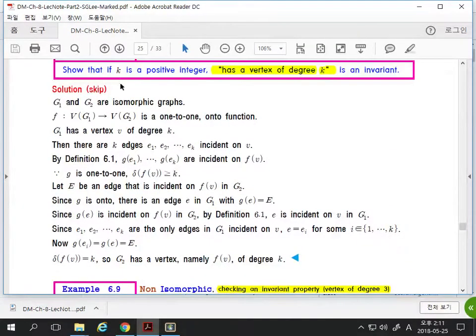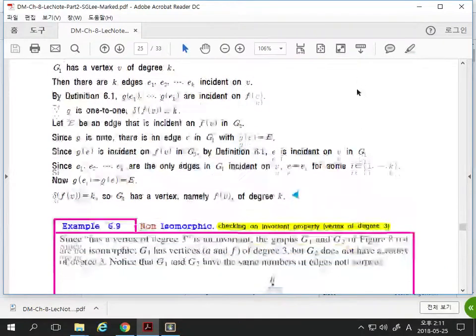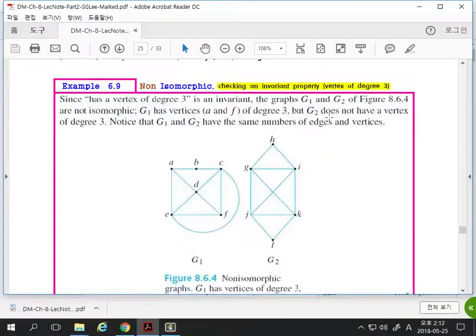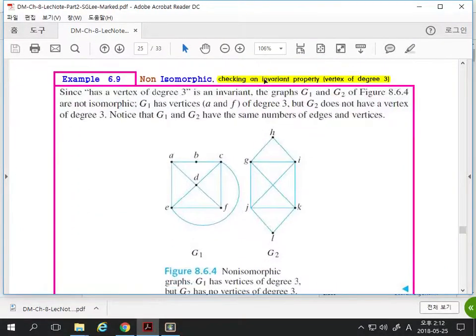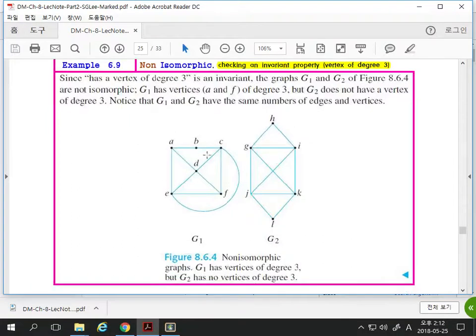Okay, so if k is a positive integer, then having a vertex of degree k is an invariant property. And also here, non-isomorphic. We can tell these two graphs are non-isomorphic. Why? If you see here, every vertex has what?